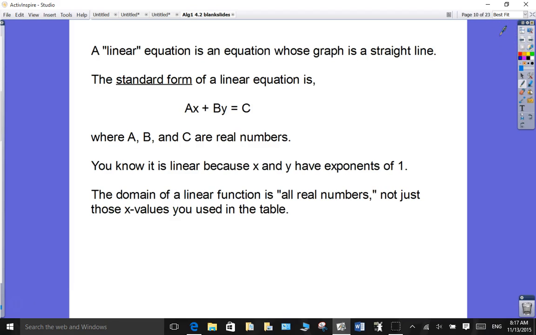So now we learn that when you have a graph where the points all fall on one straight line, that is called linear. Linear equations means that the graph is a straight line. That's the thing that's missing from Euclid's postulates.